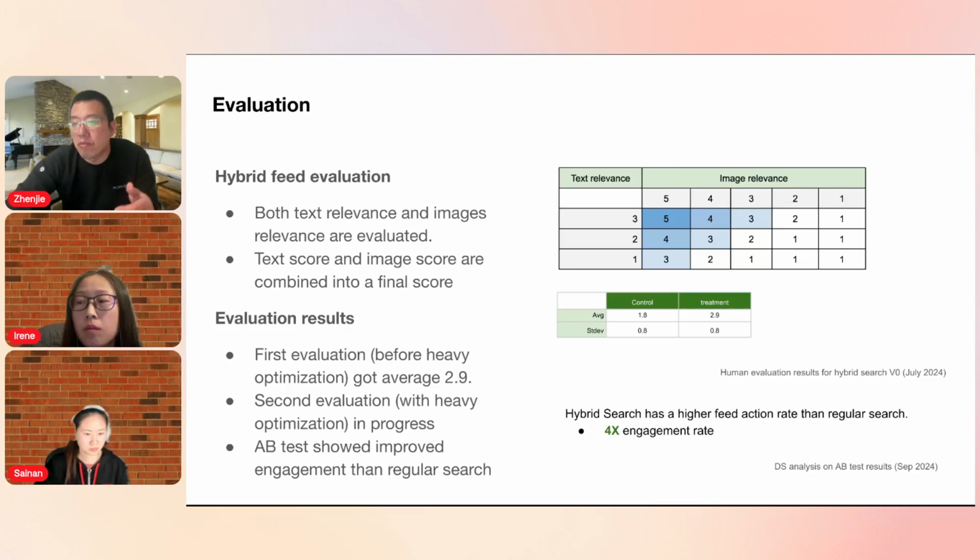The control of 1.8 was for regular text search, and the difference between 2.9 and 1.8 is actually larger than it appears to be, as the baseline minimum score is 1, not 0. With these additional improvements, we expect the next evaluation to yield much better results.